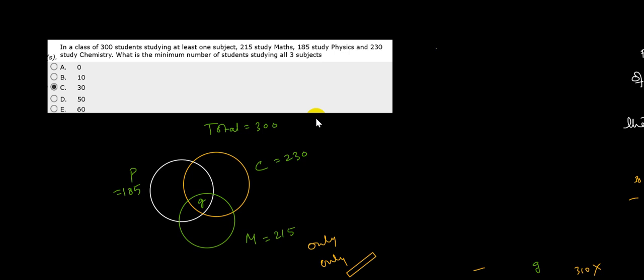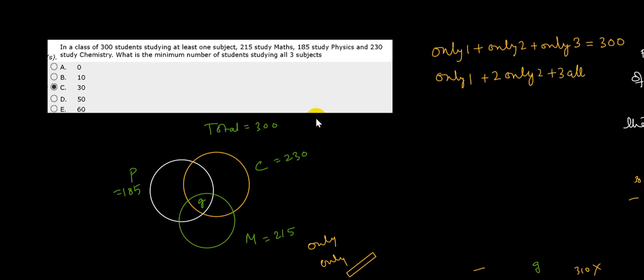So the logic is only 1 plus only 2 plus only 3 is 300, and only 1 plus twice only 2 plus thrice all 3 is equal to 630, right?